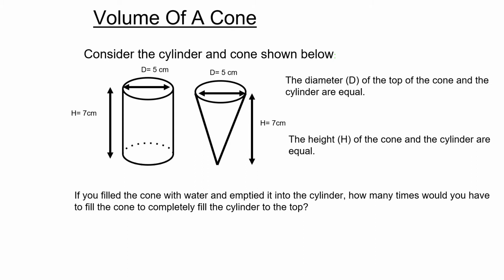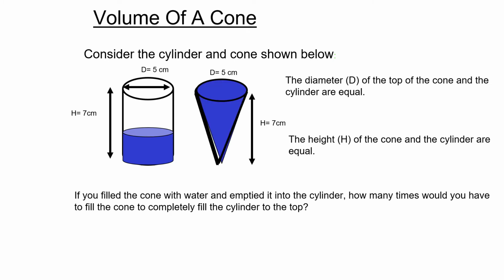Now, if you were to fill the cone with water and emptied it into the cylinder, how many times would you have to fill the cone to completely fill the cylinder to the top? Let's try and see if we can fill the cylinder. So that's one time, right? Good.